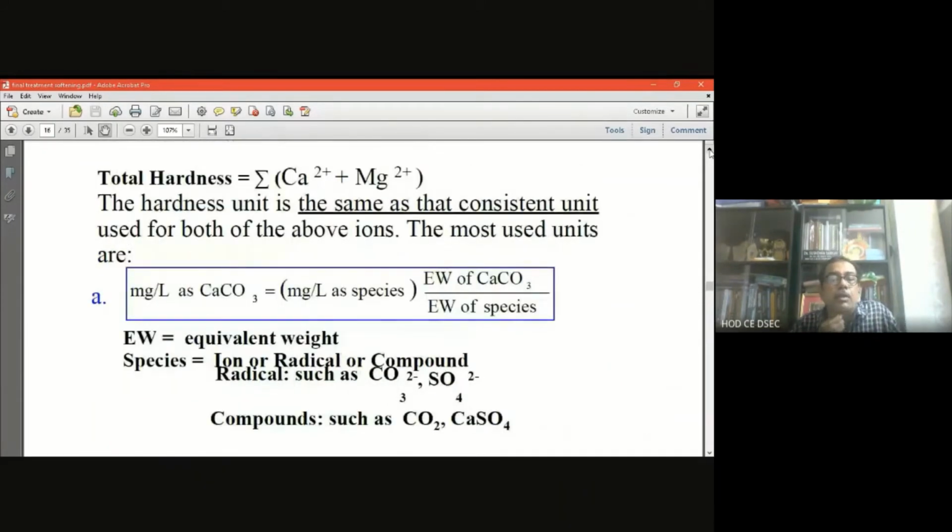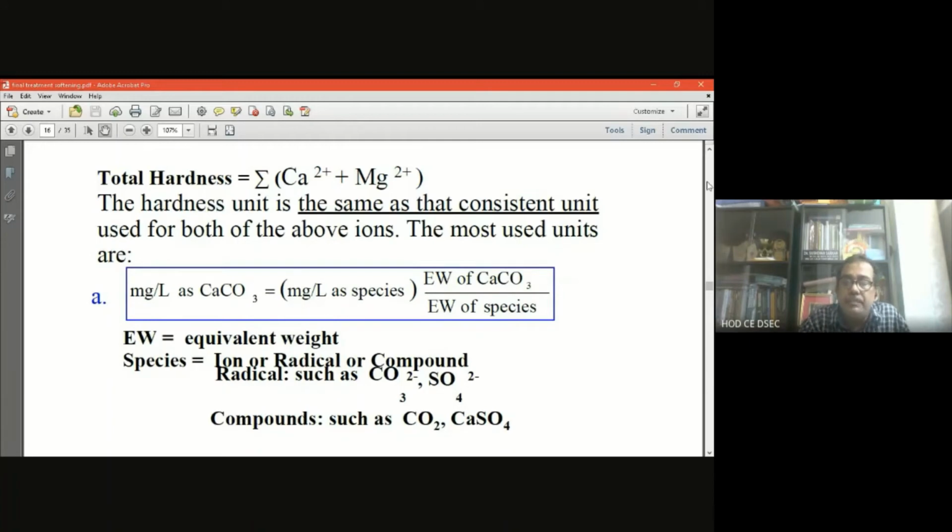Fine. Now for any ion, if you convert its concentration in terms of calcium carbonate, you have to multiply it by the equivalent weight of calcium carbonate and divide by the equivalent weight of that species. So this is the fundamental thing.